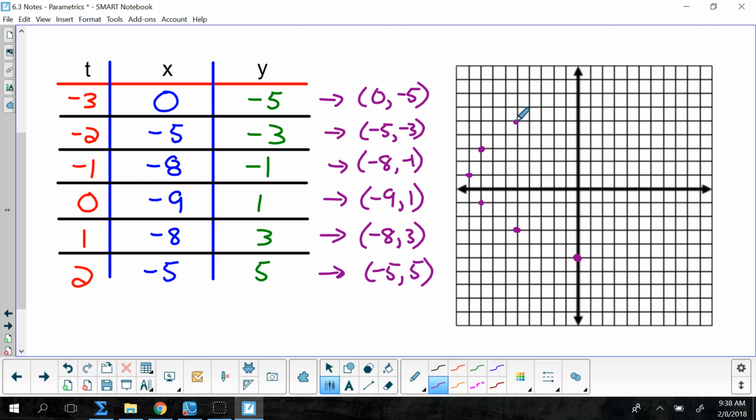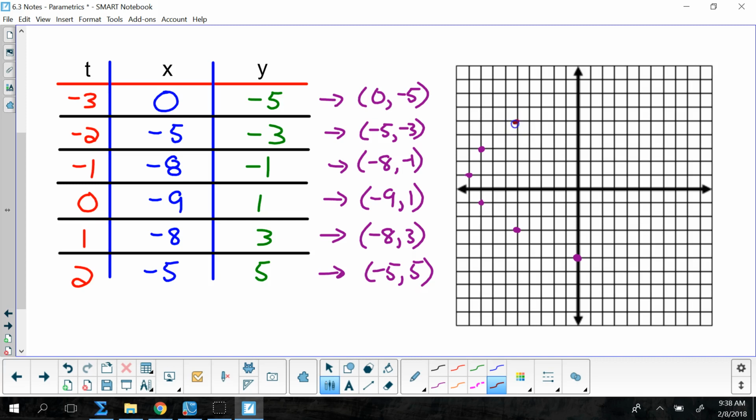Now, when I go to draw my graph, it stops because I don't want t-values outside that range. So when I draw my graph, it's not going to continue on forever and ever like you're normally used to.